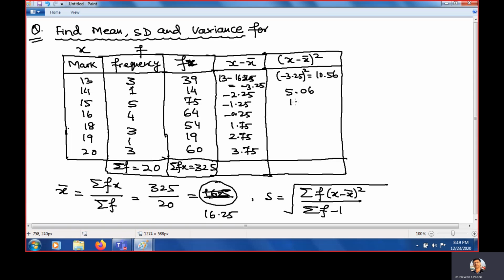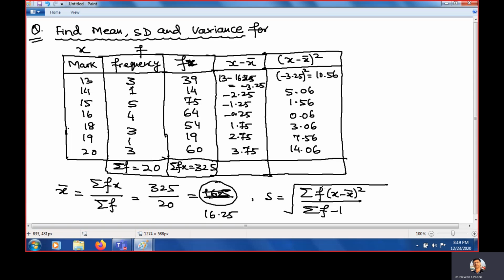Then the next is 1.56. Then the square of 0.25, it is 0.06. Then 3.06. Then 7.56. And the last one is 14.06. You need to make a square of these values.